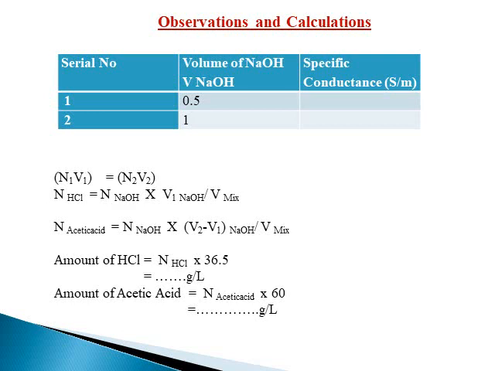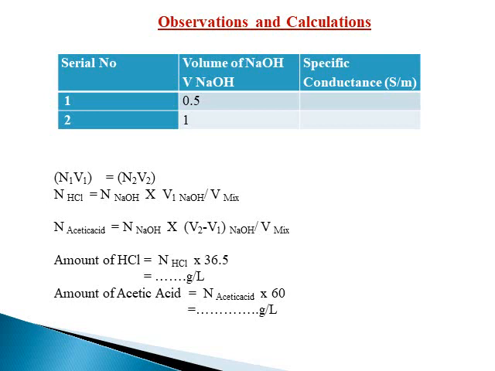Now observation and calculation. The serial numbers 1, 2, 3, volume of NaOH, you are adding 0.5, 1.5, and so on. You have to measure the specific conductance, and the calculation is very simple here. N1 V1 of the acid mixture is equal to N2 V2.